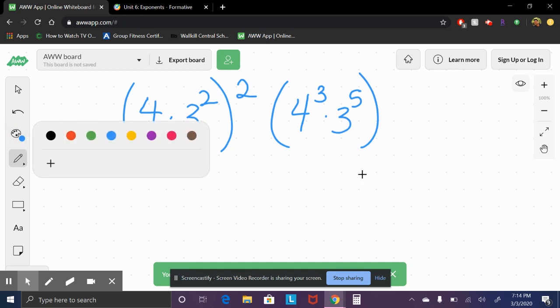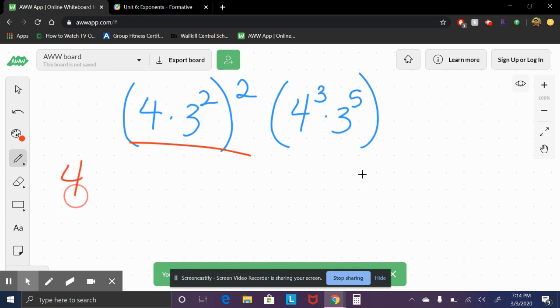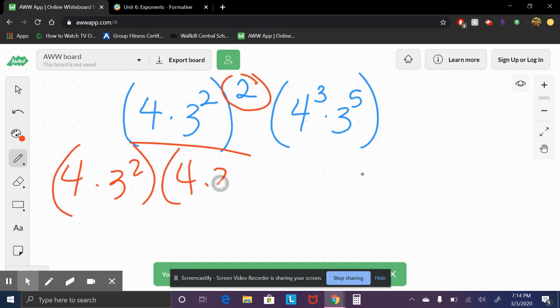Why don't we expand this part out first? We have 4 times 3 to the second, and again, you rewrite it twice, 4 times 3 to the second. And then bring the other one down, 4 to the third, 3 to the fifth.